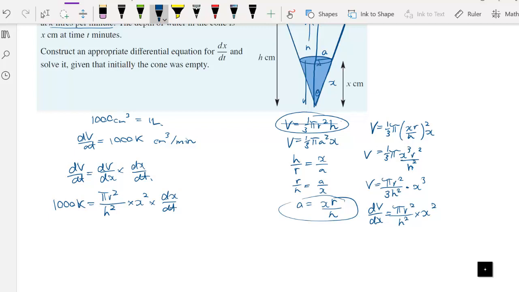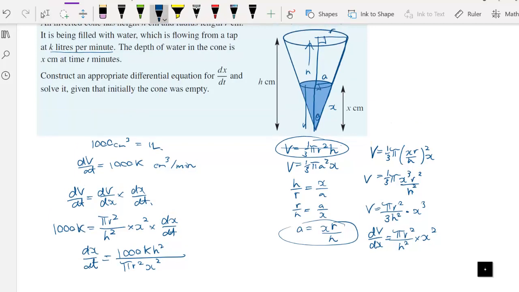So multiply by h squared divided by pi r squared, and we're left with dx/dt is equal to 1000k h squared on pi r squared x squared as our differential.